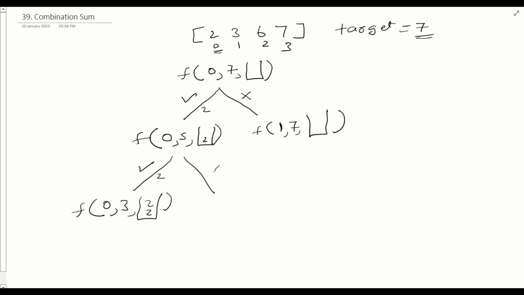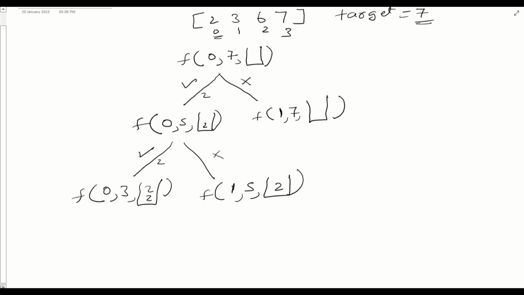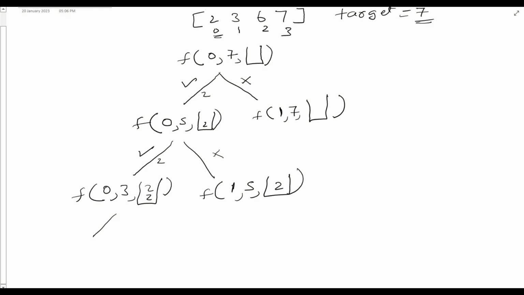And if we won't pick it, then it will be index 1, the target will be 5, and the data structure will be the same, 2, right? Now again over here we will have two possibilities, whether to pick it or not pick it.